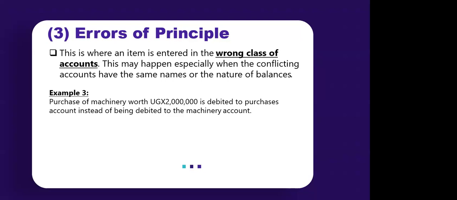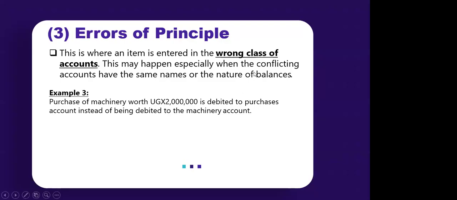So we have errors of principle. This is where an item is entered in the wrong class of accounts. This may happen especially when the conflicting accounts have the same names or the nature of balances. Purchase of machinery worth 2 million is debited to purchases account instead of being debited to machinery account. So like Joseph shared, the Roman number 2 was an error of principle.